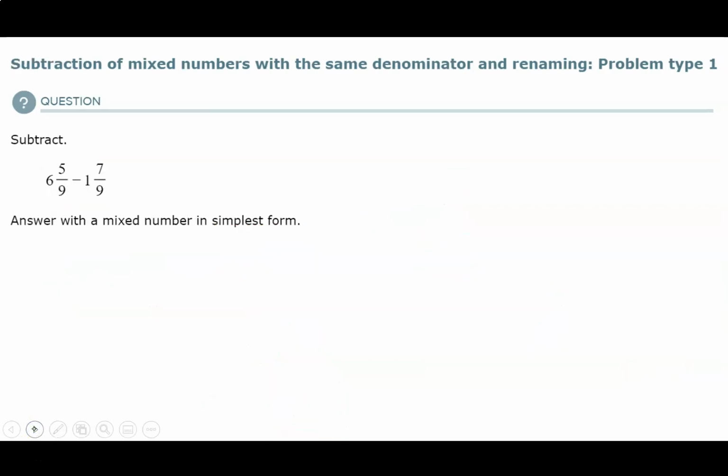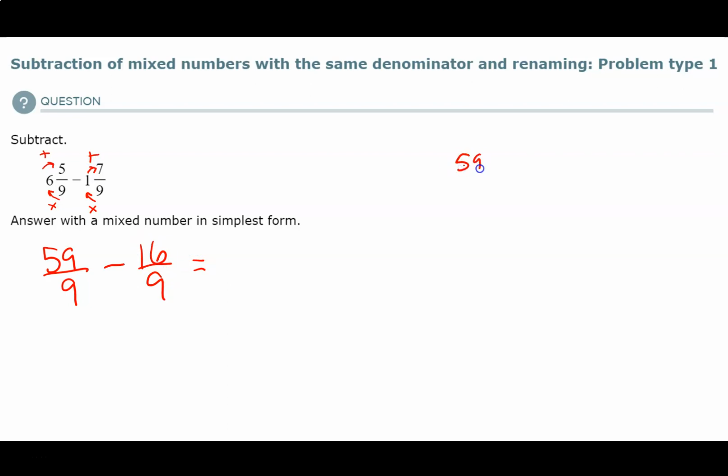Subtracting mixed numbers, same idea. Again, these have common denominators already, so we're just going to change to improper. 9 times 6 is 54. 54 plus 5 makes 59. And here, 9 times 1 is 9. 9 plus 7 is 16.